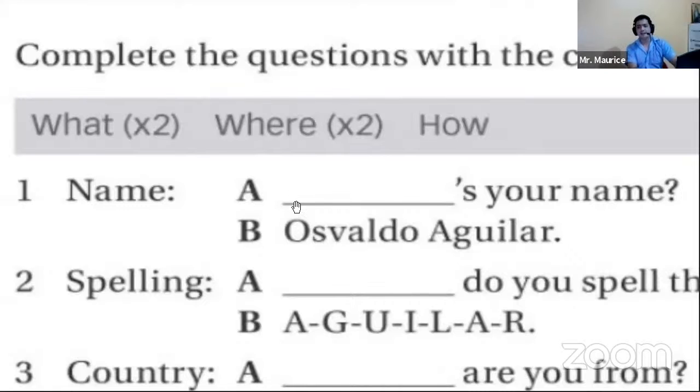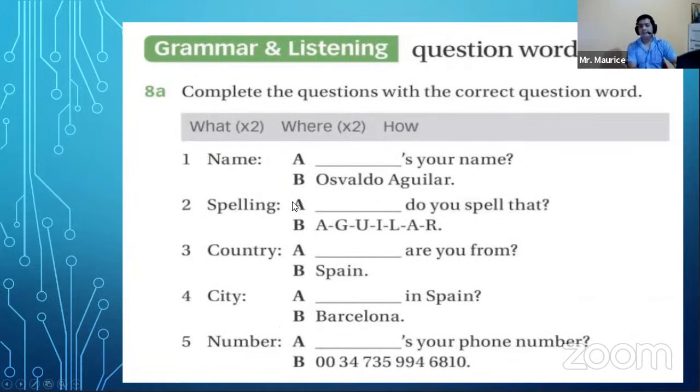That's fantastic, guys. Okay. In this activity, guys, you're going to complete this conversation. You see, you need to use what 2 times. La palabra what la tendrás que utilizar 2 veces. And the word where 2 veces.